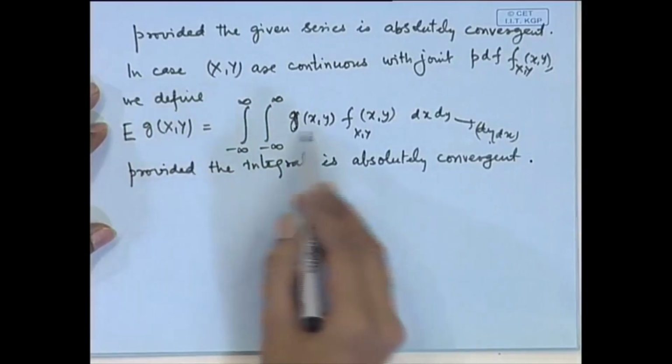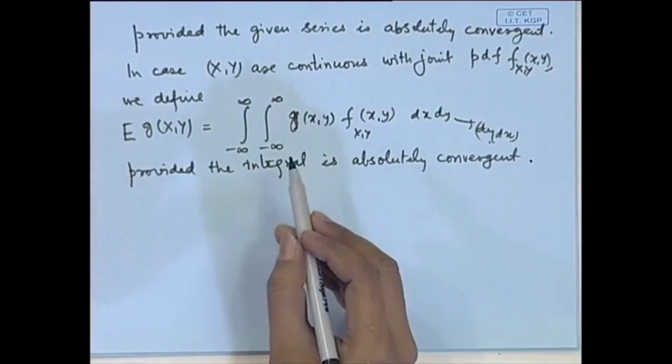So, in particular, given random variables x, y, we can define expectation of x plus y, expectation of x minus y, expectation of log of x squared y, any type of function of the random variables x and y, we can find out its expected value.